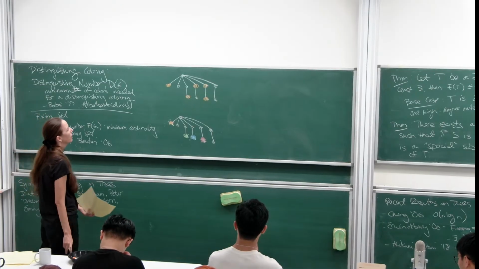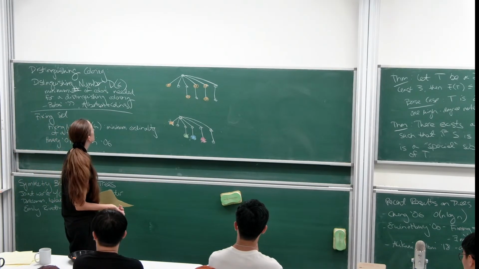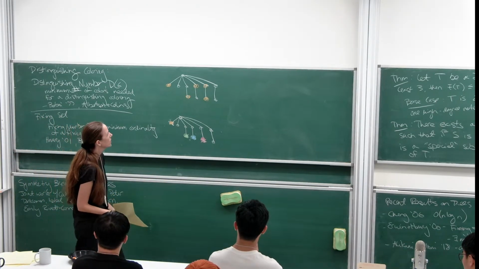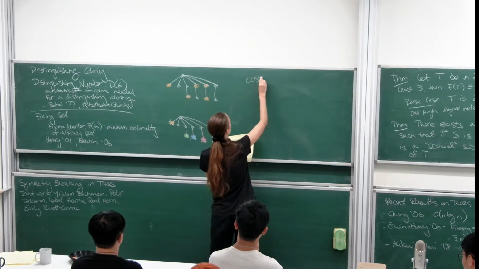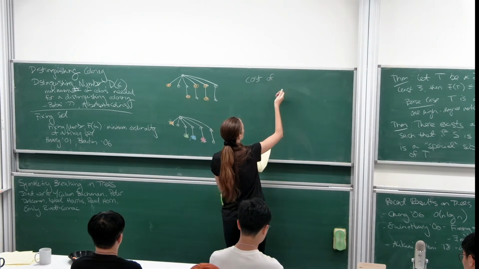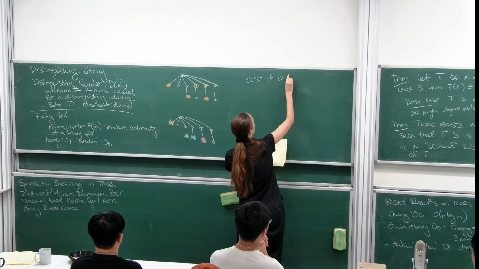So I can define what's called the cost, or the paint cost, of d-distinguishing.